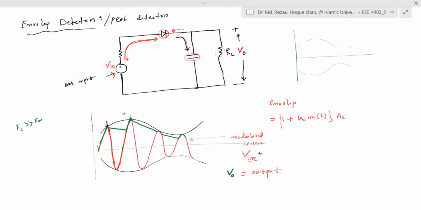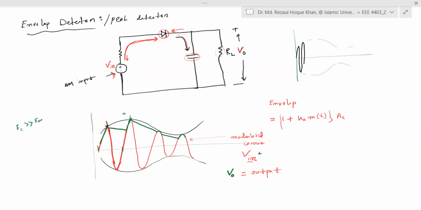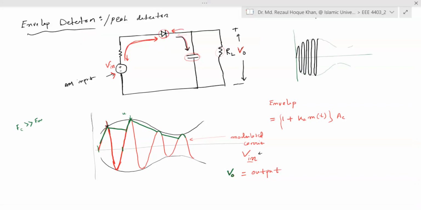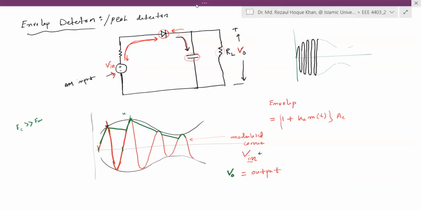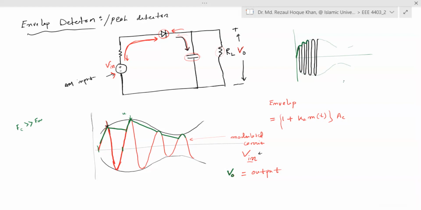If I redraw it here, it will be much higher. The previous figure was for illustrative purpose. I just increased the frequency. So the capacitor charges, discharges, charges, discharges, charges, discharges.